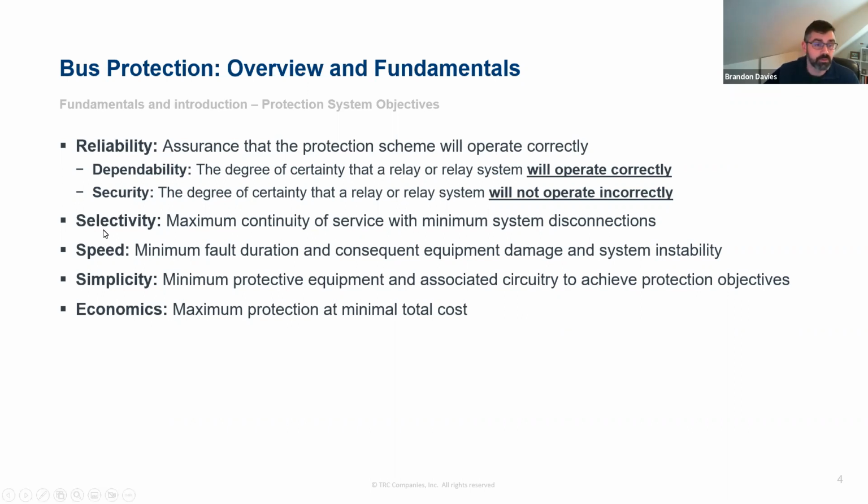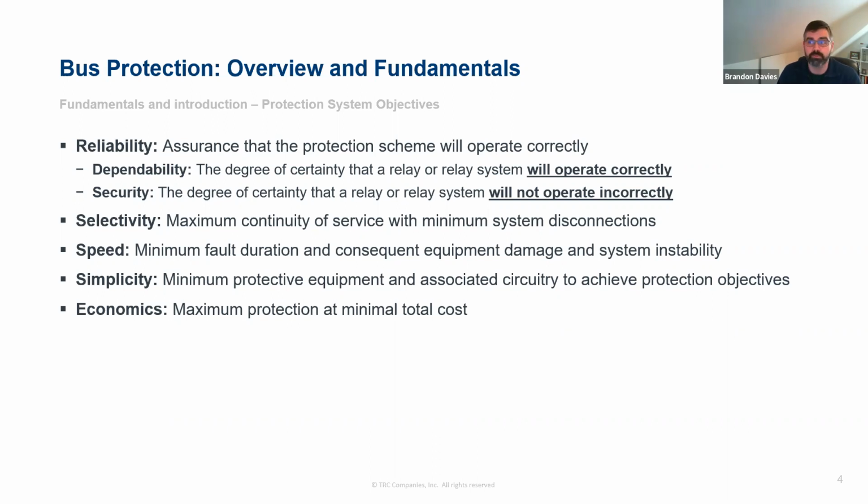Speed. So we're going to try to clear the fault as fast as we can. For some lower voltages, time delay clearing is acceptable. For transmission, 115 kV and above voltage levels, typically we're looking for something that's going to operate fairly instantaneously, similar to the line protection, where the relay will detect and operate for the fault in a cycle or less, and then your breakers will clear in 2 to 3 cycles.